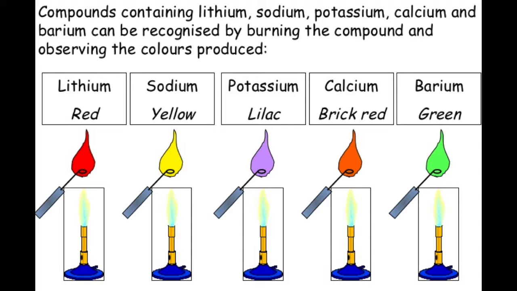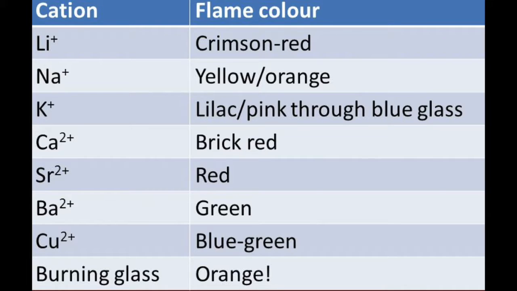The electrons then tend to fall back down to their normal lower energy level, or ground state. When this happens, the atoms give out energy in the form of light. Since different elements have slightly different energy levels, different energies or colors of light are given out.